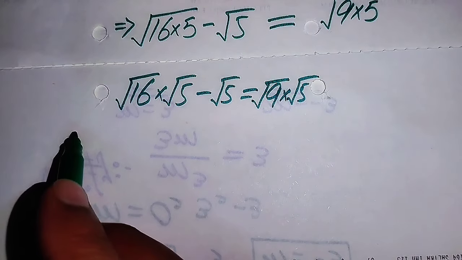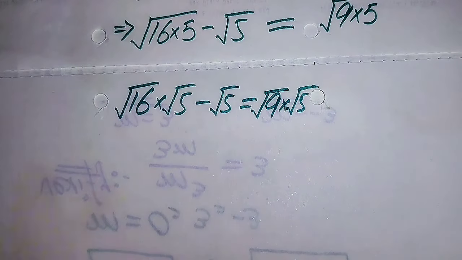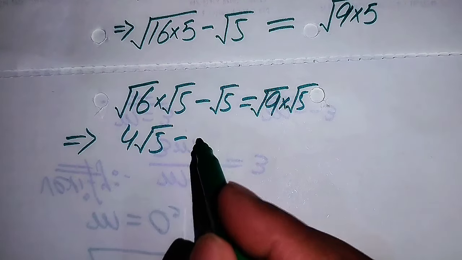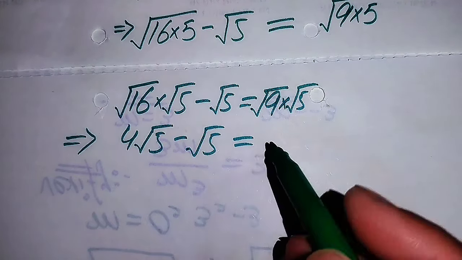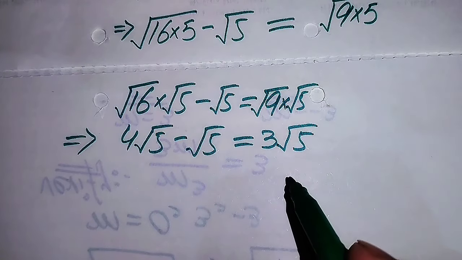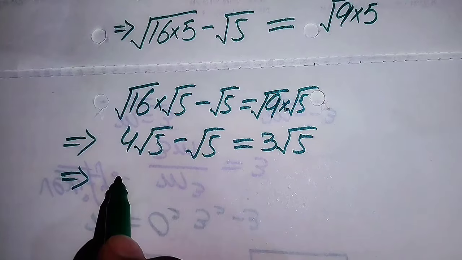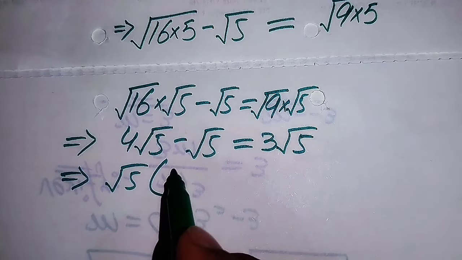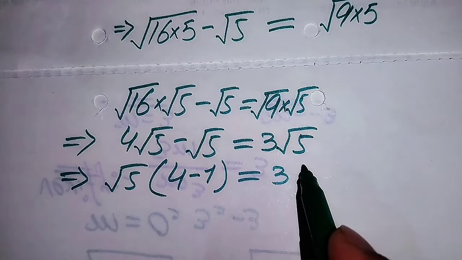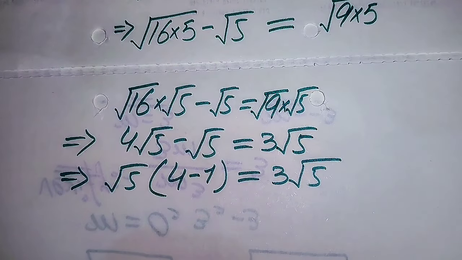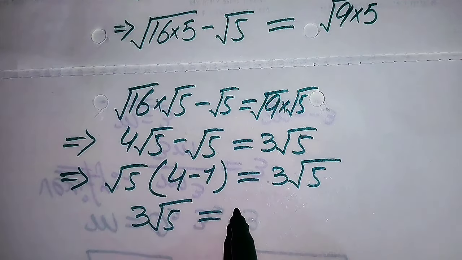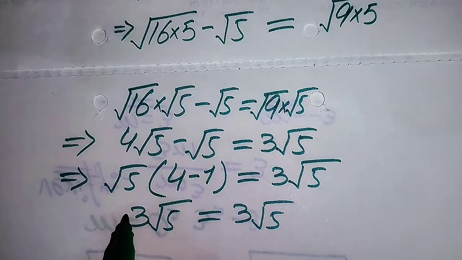Here you see that square root of 16 becomes 4 times square root of 5 minus square root of 5 is equal to square root of 9, which becomes 3 times square root of 5. And here we take common square root of 5, and the remaining values are 4 minus 1, which is equal to 3 times square root of 5. So 4 minus 1 becomes 3, and we get 3 times square root of 5 is equal to 3 times square root of 5.